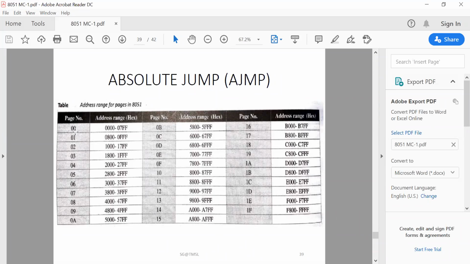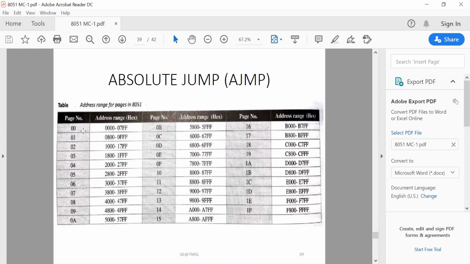Page numbers go from 00, 01, 02, 03, 04, 05, and so on, 0A, 0B, all the way up to 1F. How many pages are there? 32.